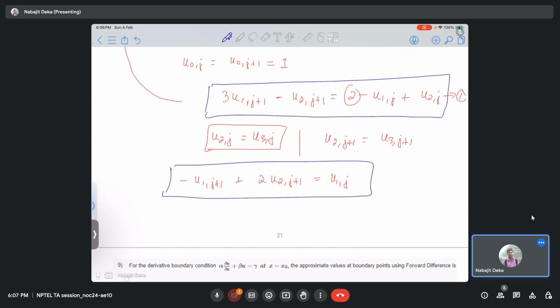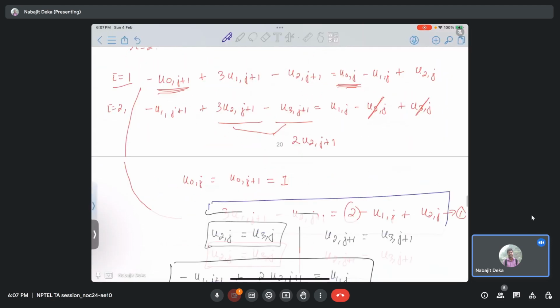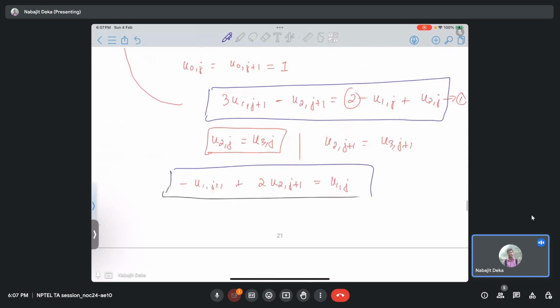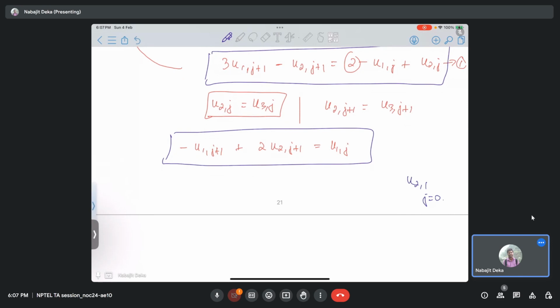Now what we require is u2 comma 1. So for that we have to put j equal to 0, right? Since we have j plus 1 here, so we put j equal to 0.